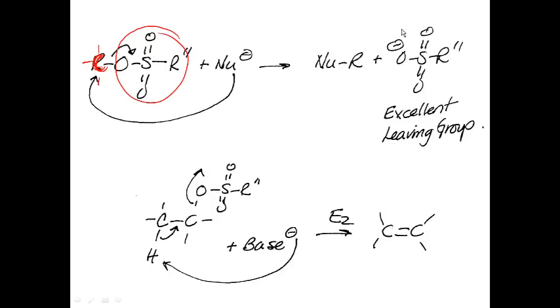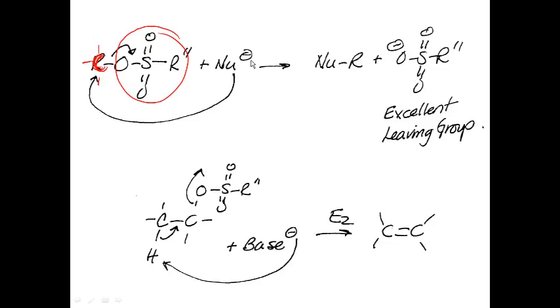So in essence, what I've done is I've converted my OH into a group that can be substituted for by a negatively charged nucleophile. There's no question about whether this group will leave. It definitely will. And there's no deprotonation possibility, so I could react this with Grignards, alkynyl anions, really strong bases, but the strong nucleophiles as well.